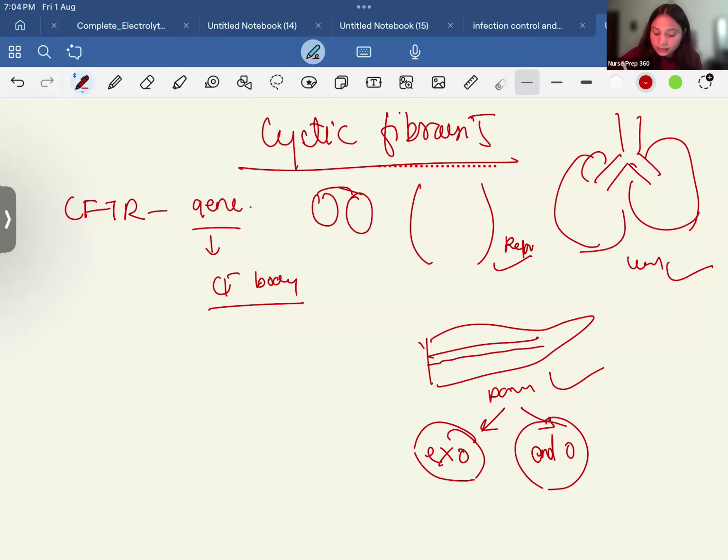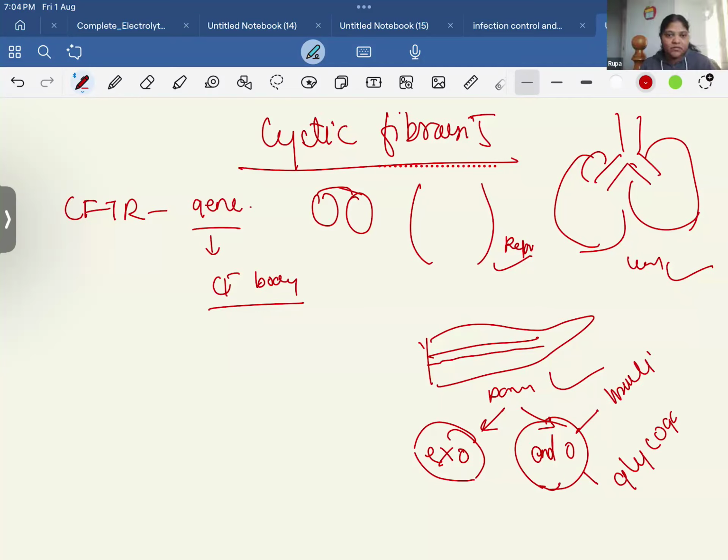Endocrine means without any duct, directly pouring your hormones into your blood, which is your insulin and your glucagon. Insulin is produced by beta cells, and glucagon is produced by your alpha cells.